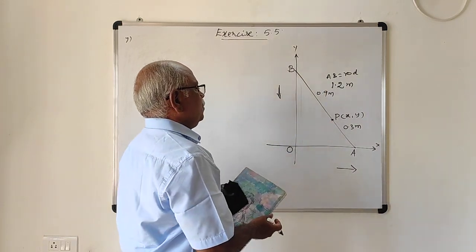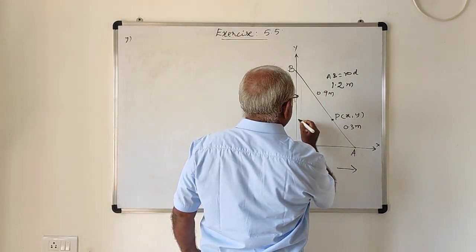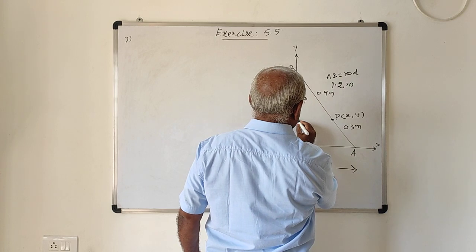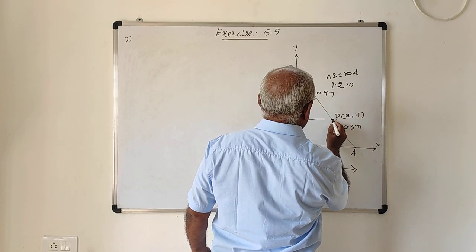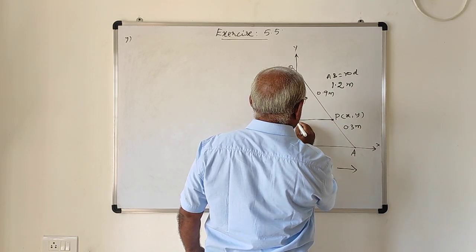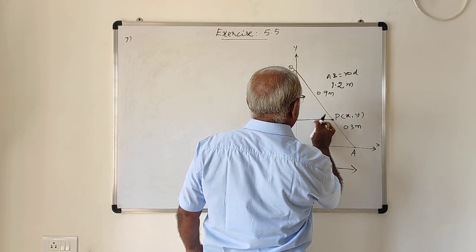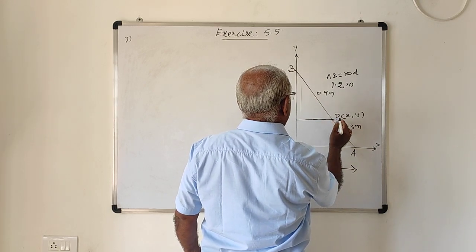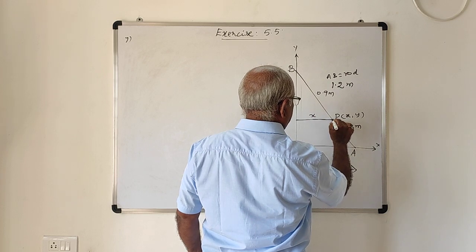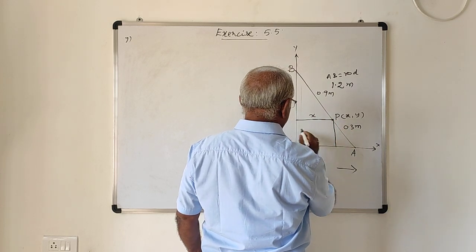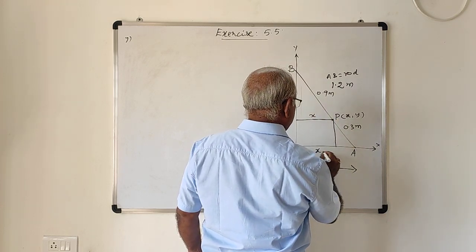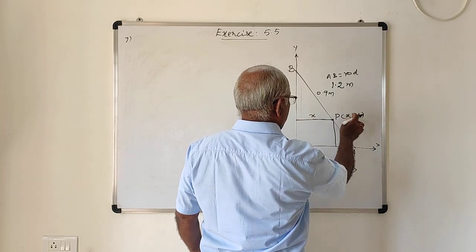For the point P(x, y), if you draw a line parallel to the x-axis, this distance is x and this distance is y, the coordinates of the point.